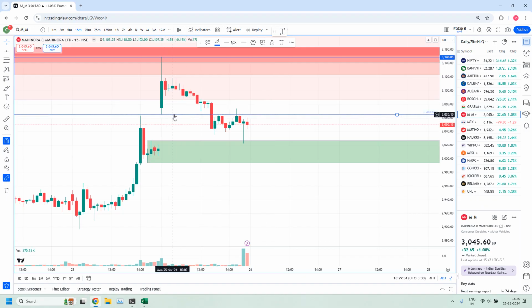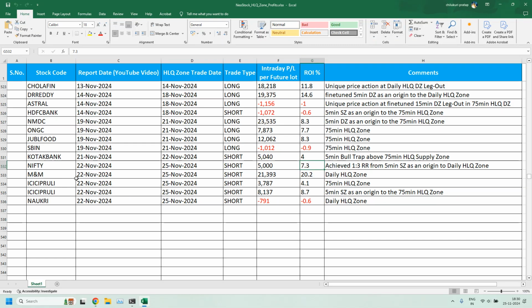Okay, fine. What about the high liquidity zone? Because it reached this 15 minute target, it could definitely have been a huge profit from the zone performance point of view. Till the 15 minute zone, it has given 21,393 rupees profit. If anybody held it, you are a lucky guy.